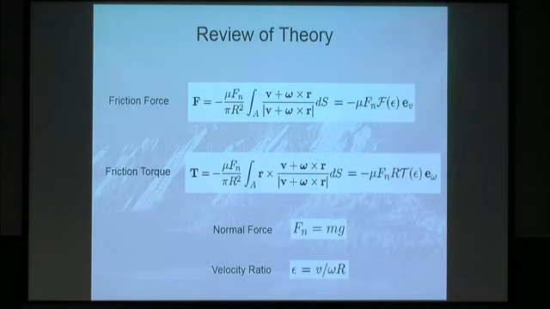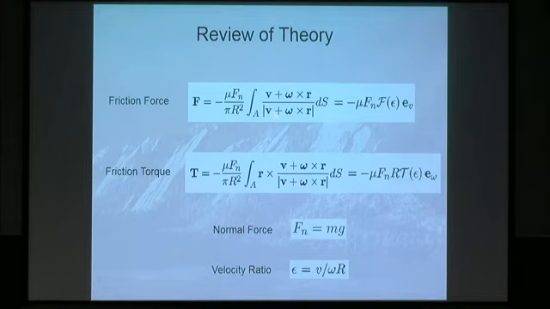All right, so here's a review of the theory by Farkas et al. There's the friction force, which is the coefficient of friction times the normal force, mg, divided by the area, times the integral over the area of the linear speed plus omega cross r, the rotational speed, divided by its absolute value.